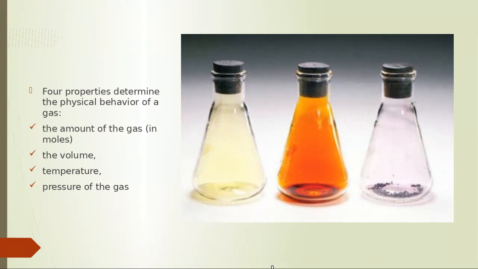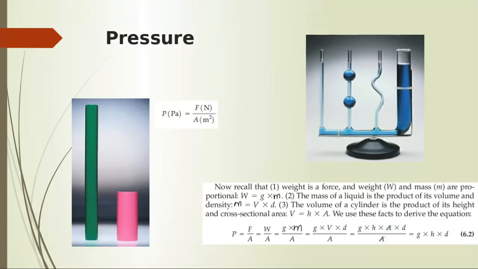And we said that temperature and pressure are very important for gases, or for the solid and the liquid. The solid here, the green cylindrical tube or pink cylindrical tube: pressure is always equal to F divided by A. The pressure exerted by a solid: the two cylinders have the same mass.